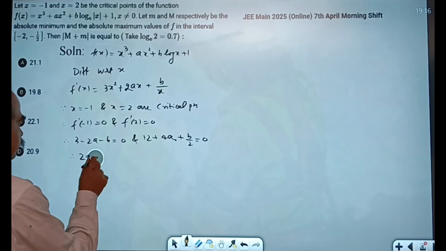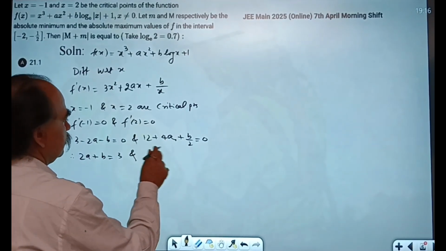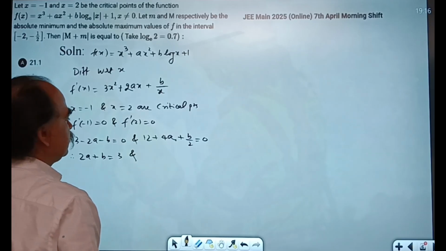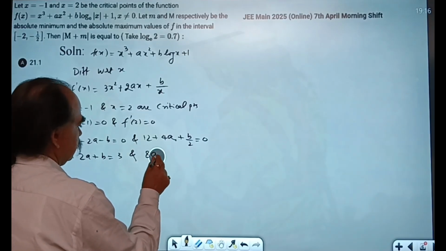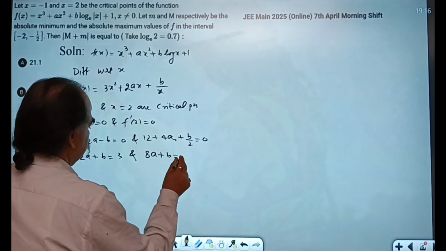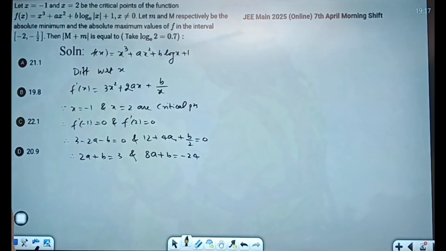So 2a plus b is 3, and multiplying by 2, 8a plus b is equal to minus 24. So subtract.